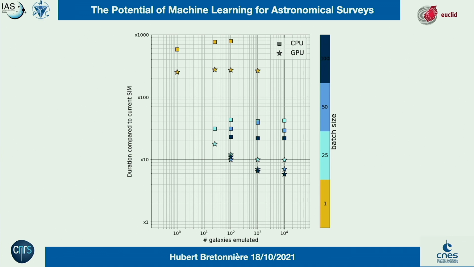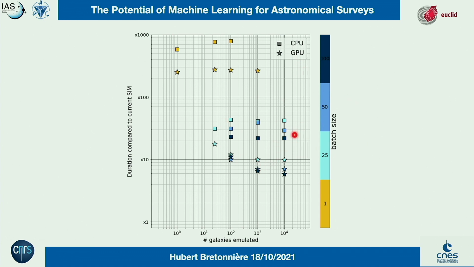So our galaxies are largely more complex and realistic, but this is slower. But what is interesting here in this plot, where we have how much slower is our algorithm compared to the classical one, and here the number of galaxies we're simulating, and we have three different pieces of information in this plot.